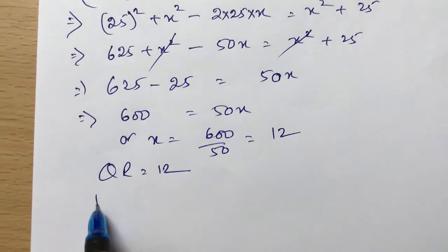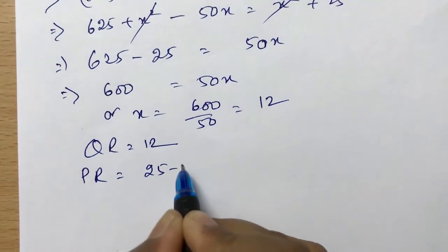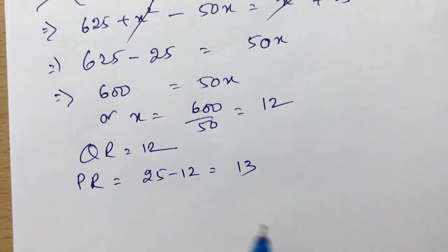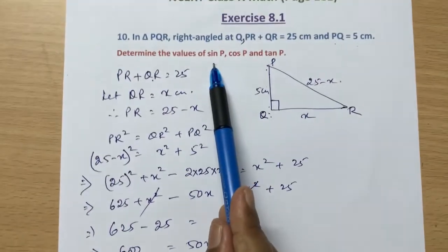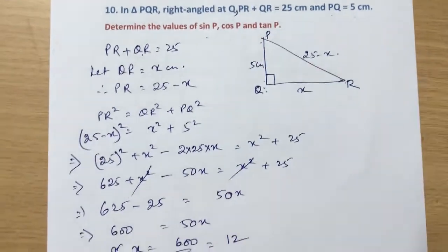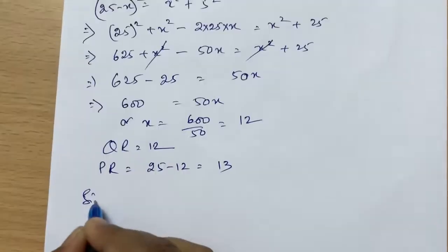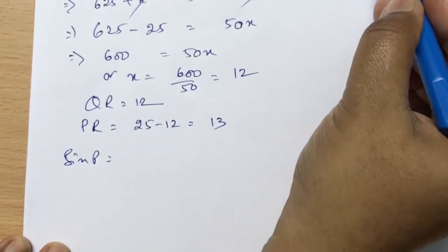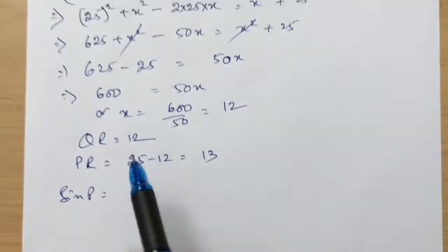If QR is equal to 12, then what will be PR? PR is equal to 25 minus 12. So how much is it? 13. Fine. Now you have to determine the values of sin P, cos P and tan P. That means this angle P. So what is sin P? Sin P will be perpendicular by hypotenuse, because this is the angle, the side opposite to it is QR.